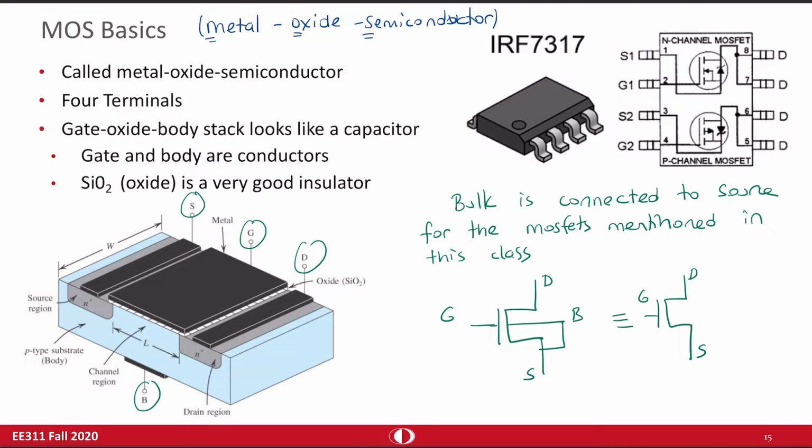Gate oxide and body form a capacitor, so this part behaves like a parallel plate capacitor. And as an insulator or dielectric, we are using silicon dioxide, which is a very good insulator. And this is the IC having two different MOSFETs on the same silicon chip.